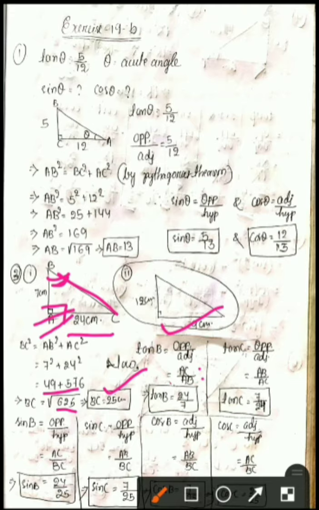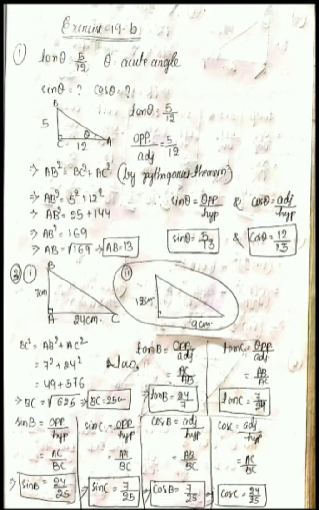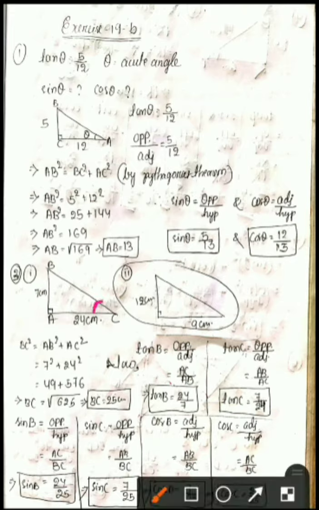AC by the adjacent, which is AB. AC by AB, that is 24 by 7. And tan C is opposite by adjacent. Now which angle is known? Angle C is known. Tan C: the opposite of angle C is AB and the adjacent is AC. AB by AC, that is 7 by 24.